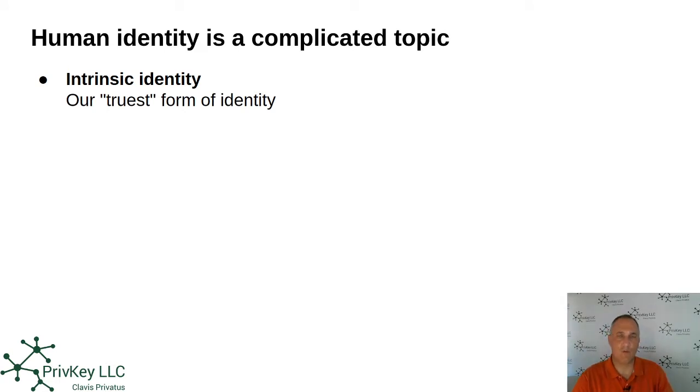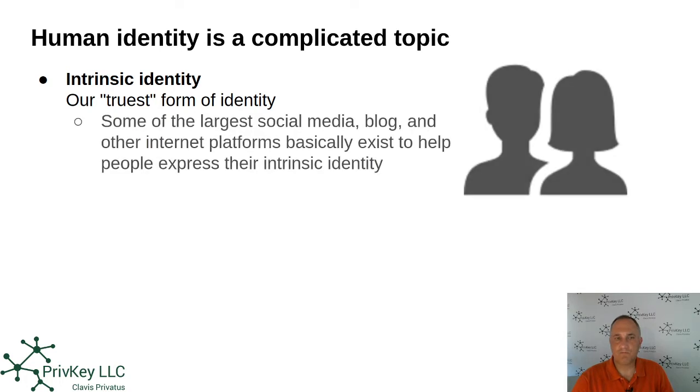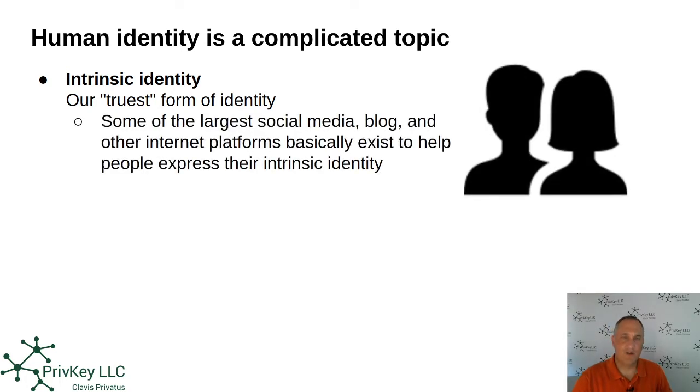This is what represents each person. Some of the largest ways in which we today represent intrinsic identity is using social media, blogs, and other internet platforms that basically exist to help us express our intrinsic identity, so who we are.